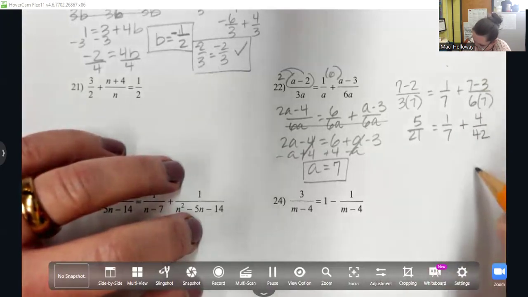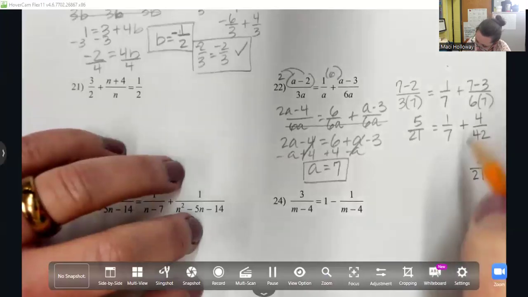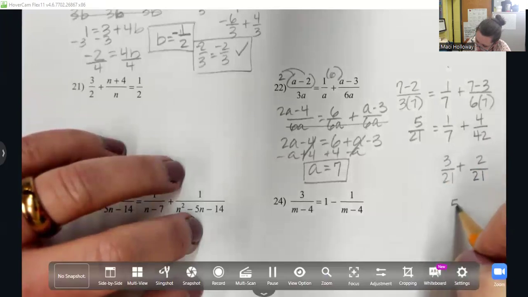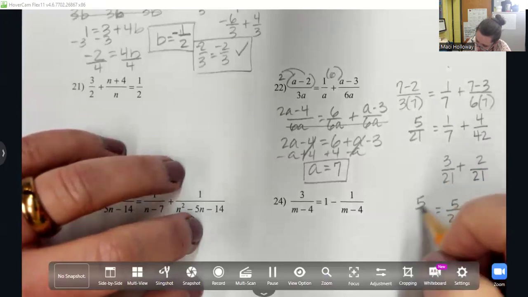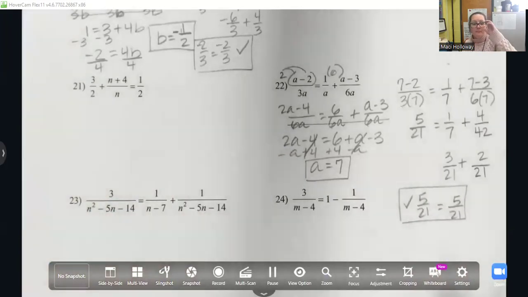I can reduce that to 2 over 21, and I can make this 21 by multiplying by 3, so that's 5 over 21 equals 5 over 21. That's just peachy.